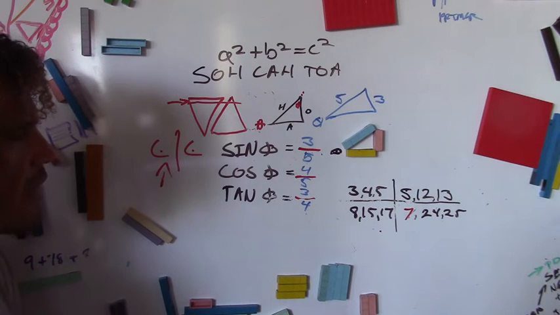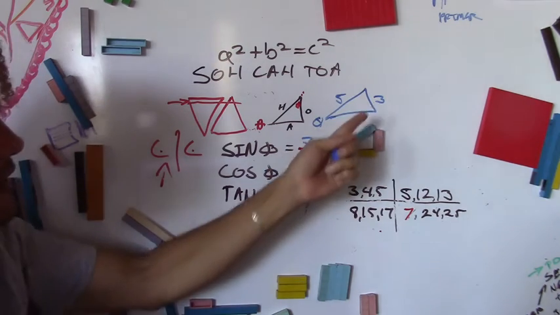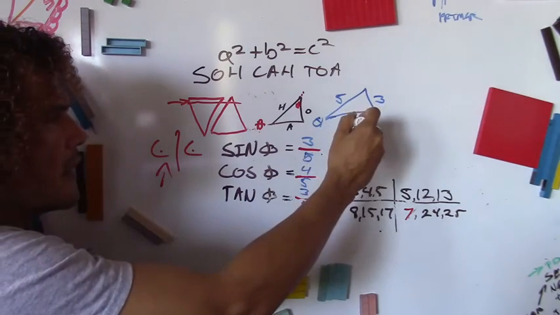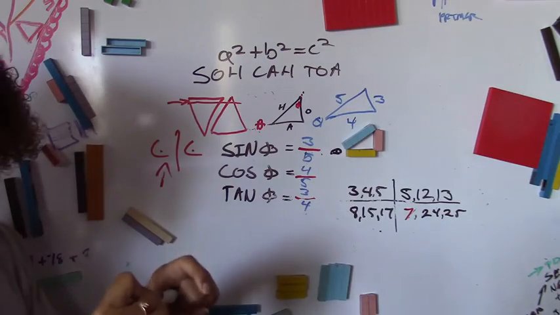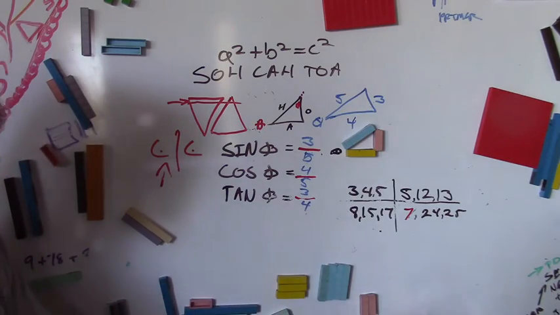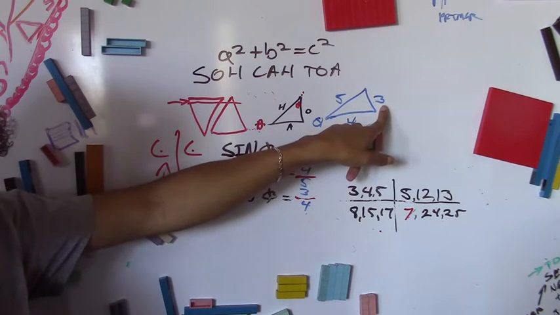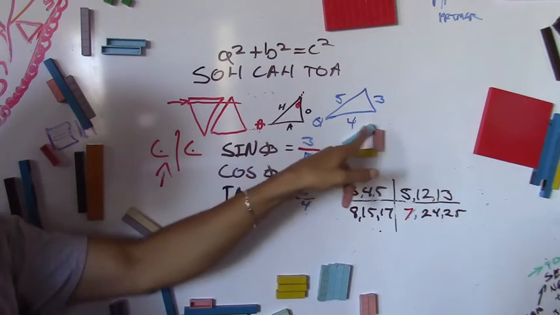So now, if I tell you 3, 5, what does that side have to be? 4. Has to be 4. If I don't know about this, and I was taught flying blind, then I could use formulas where I take 5 squared, take away 9, and get 16, and then take the square root of 16 and get 4.